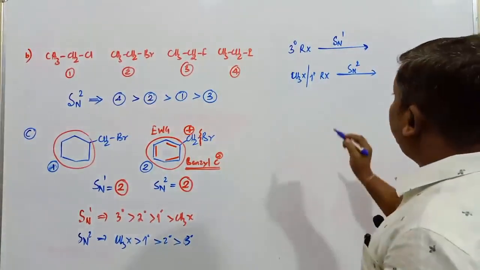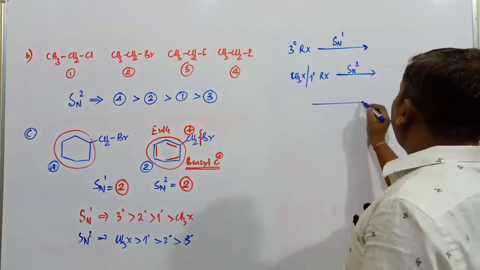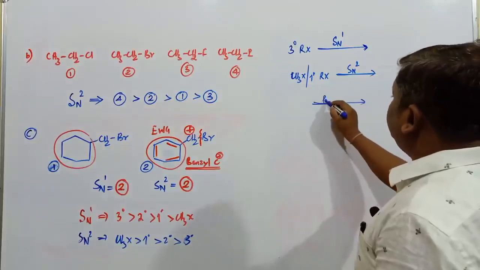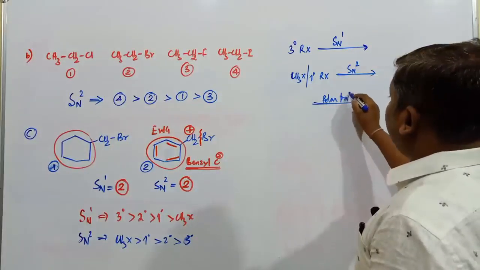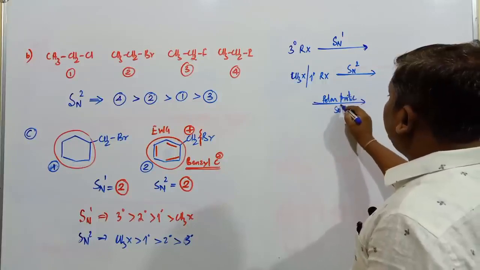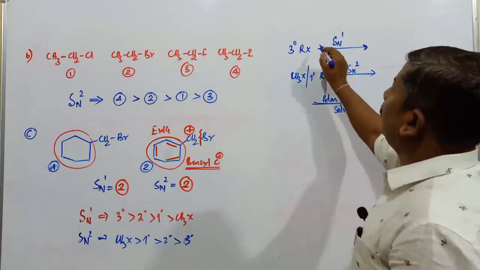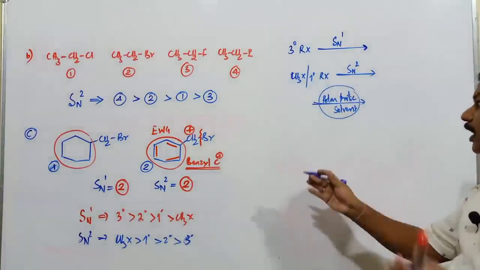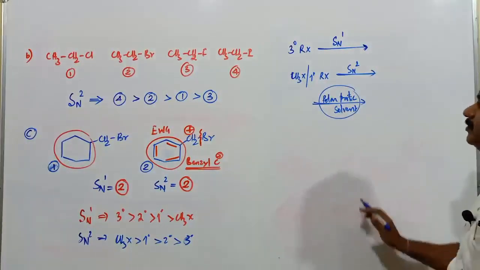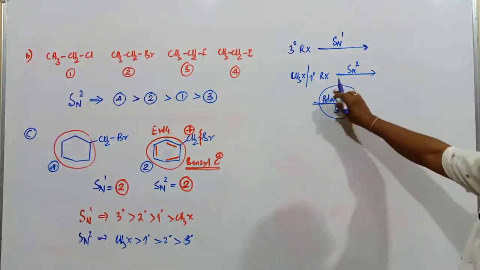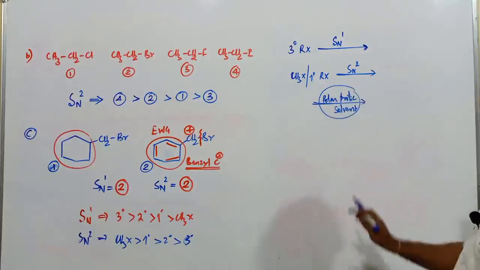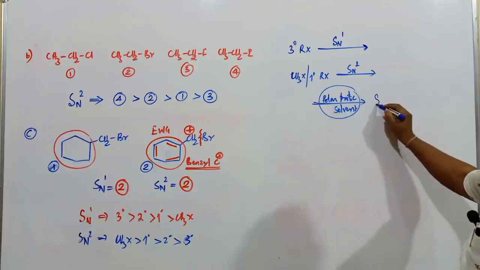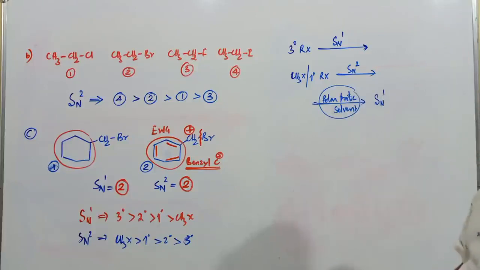And if the solvent is a polar protic solvent, here the earlier conditions are not applicable. If the difference of solvent is mentioned, and the reaction is taking place in presence of polar protic solvent, usually the product is the SN1 product.